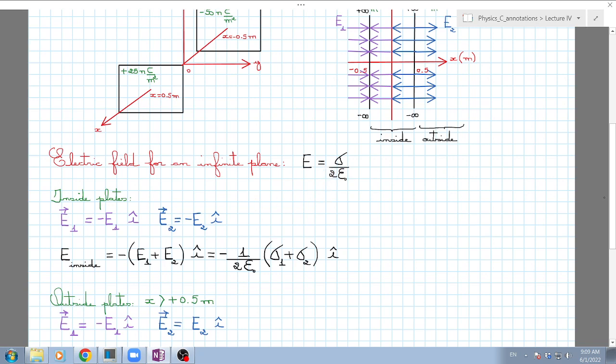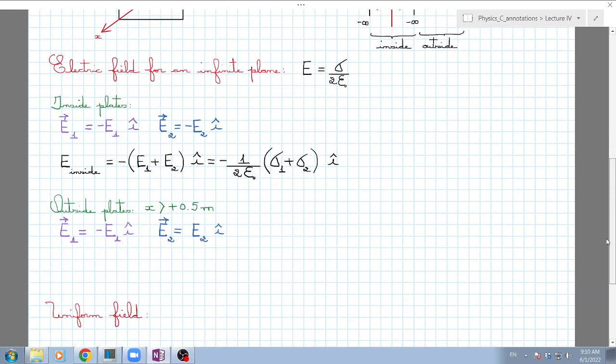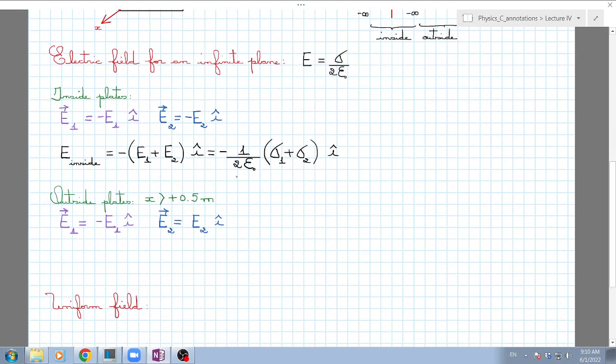The way I solved, I'm considering the effect of only one plate alone, and then I'm considering the other one. It is the superposition principle. So I think this is correct. I'm not sure, but you can check later and we can discuss. Okay, open to discussion. Shall I proceed?